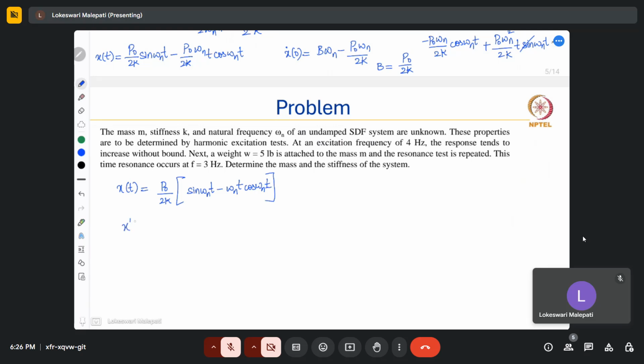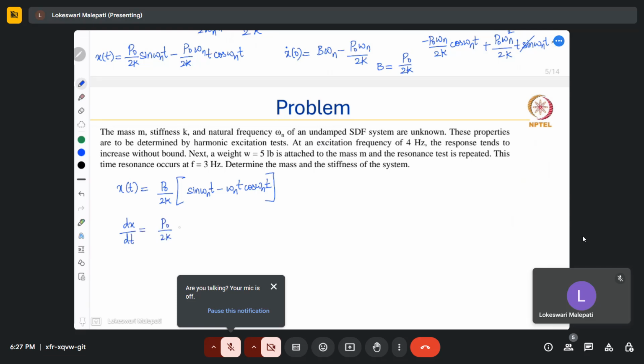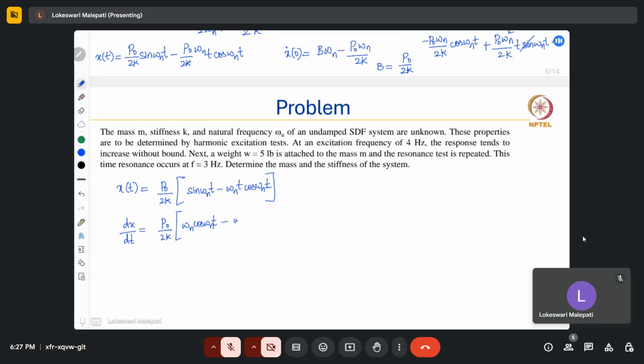So dx by dt to find out the local maxima and local minima. Minus omega n cos omega nt, and then we have minus omega n square t sin omega nt.